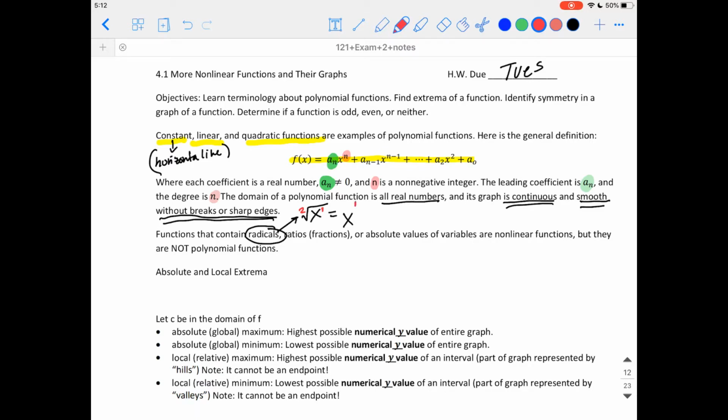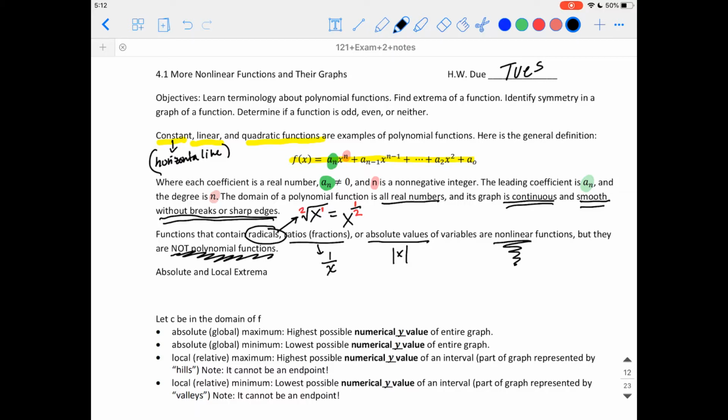So I'll have the 1 in the numerator, and then I'll have the 2 in the denominator of the exponent. Just a little reminder. We can also have ratios, for example, if I have 1 over x, or absolute values, so this one is absolute value of x. These are considered nonlinear functions, but they are not polynomial functions.